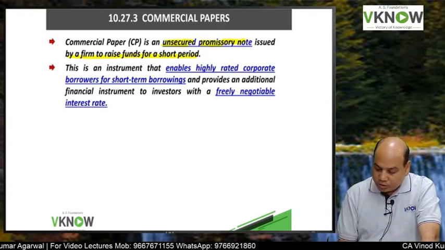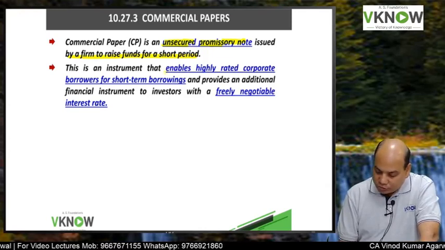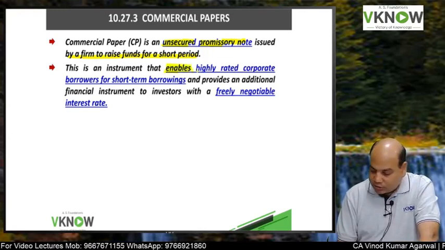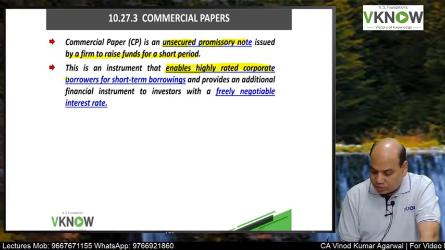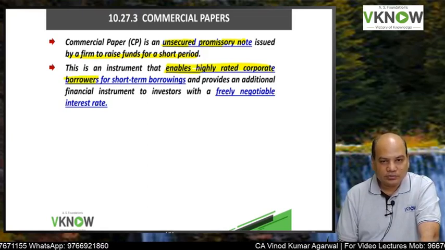Okay. Which companies usually issue commercial paper? Then this point you will write there that these are usually issued by highly rated corporate borrowers. What do you mean by highly rated corporate borrowers? That is, whose credit rating is very high.